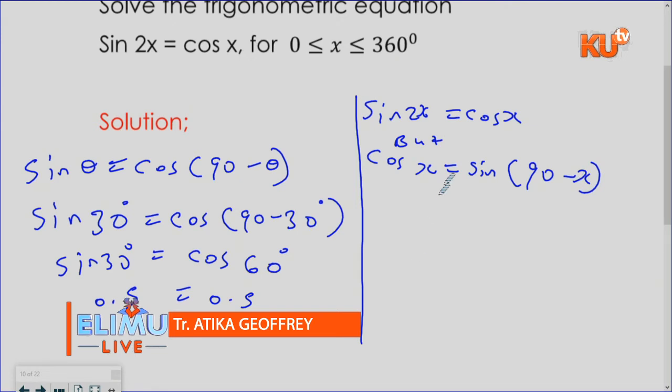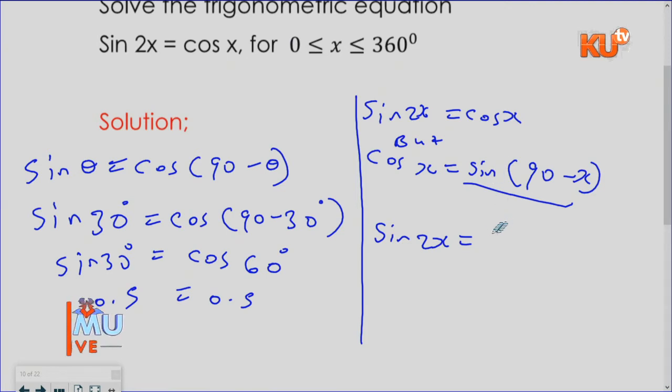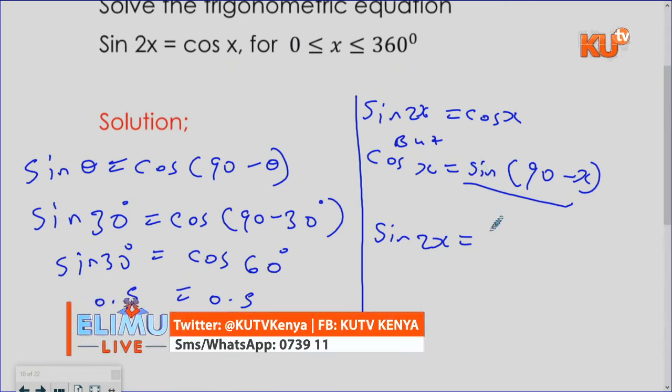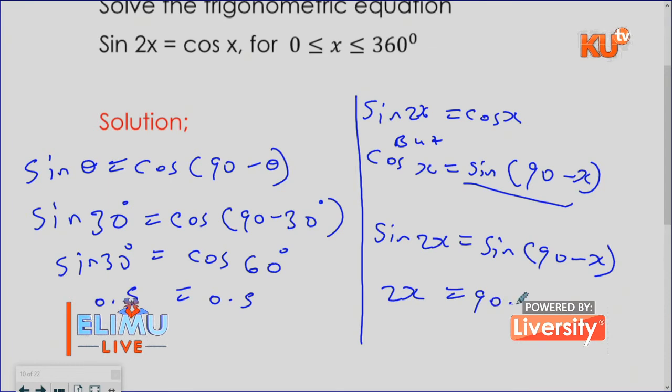So I'm going to do away with this cos x and replace it with this knowledge. I'll have sine 2x is equal to sine into brackets 90 minus x. That is the concept. So if I equate these angles, I can say 2x is equal to 90 minus x.